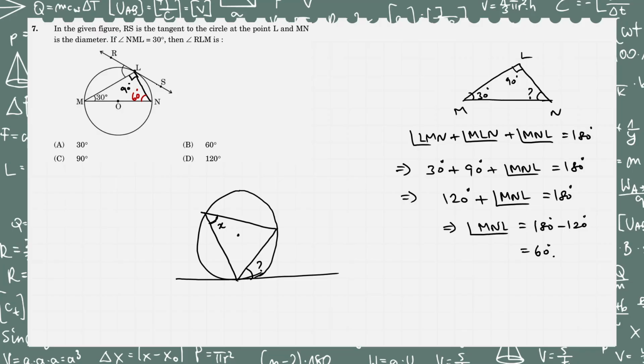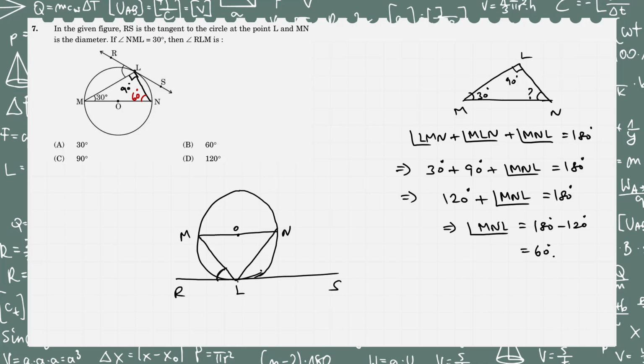So now how is that getting applied here? Let us see. This is the circle and RS is the tangent and L is the point of contact of the tangent and the circle, and this LM is a chord. This LM is the chord and this angle they are asking us.